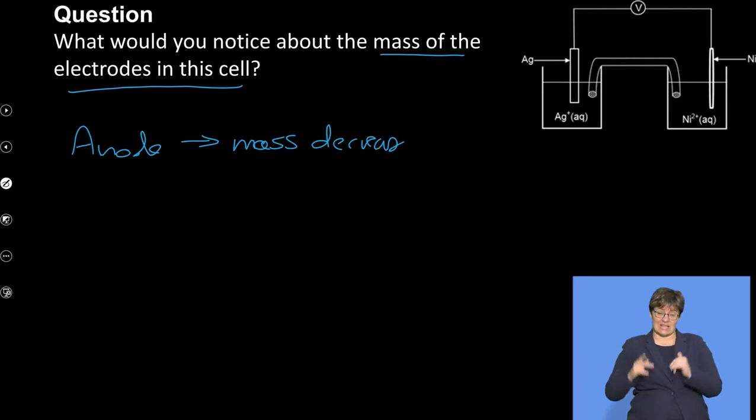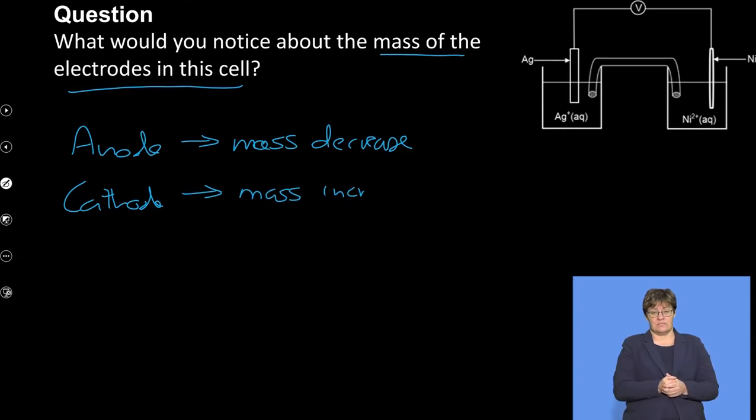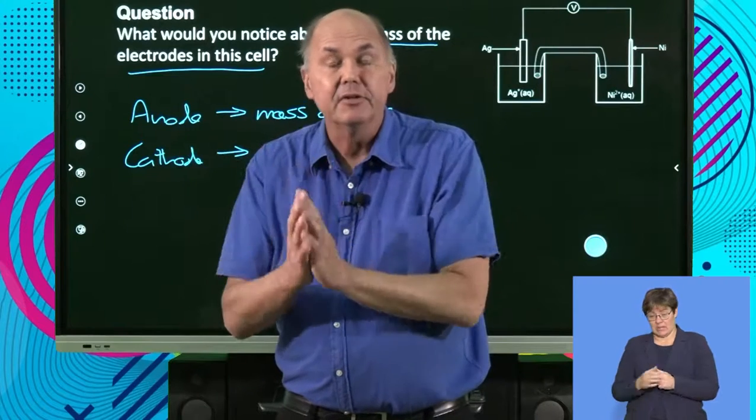So there's going to be less nickel, but at the cathode, we're going to find the mass increases. Because silver is being deposited onto that electrode. The silver cathode is going to get bigger and bigger, and the nickel anode is going to get smaller and smaller.